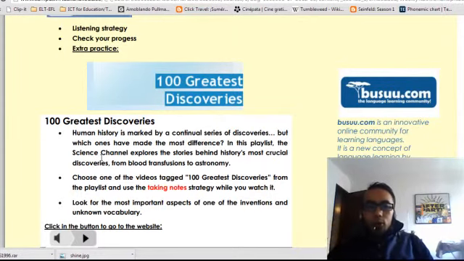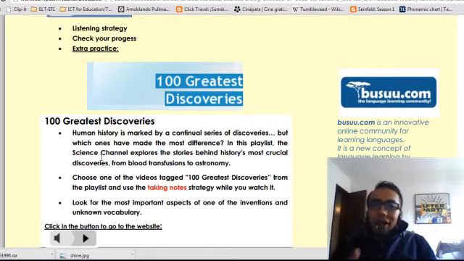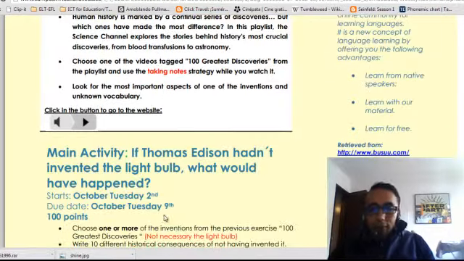You are going to choose some of these inventions, like 3 or 5. Then you are going to take your notebook and take notes about what you listen to. This is a good strategy for students who are learning English, to take notes and to check what you have done.